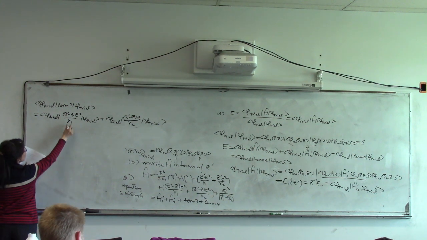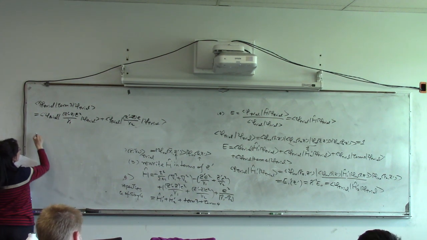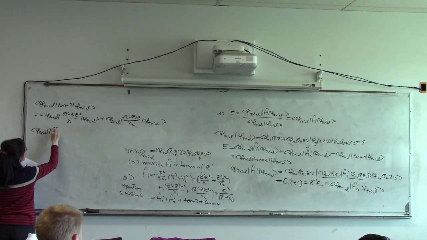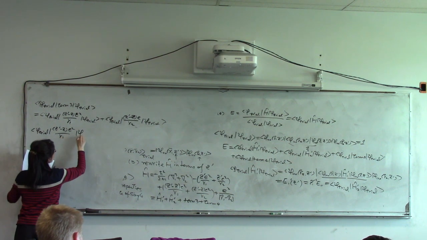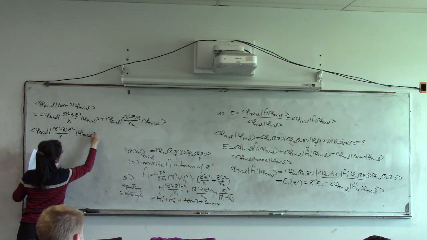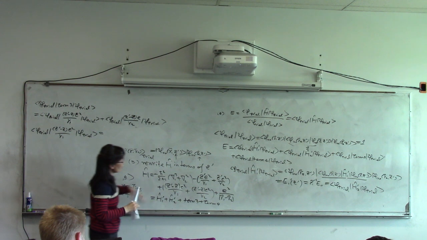Let's look at the first one, ψ with (Z' minus Z)e² over r1. Do the same thing here.